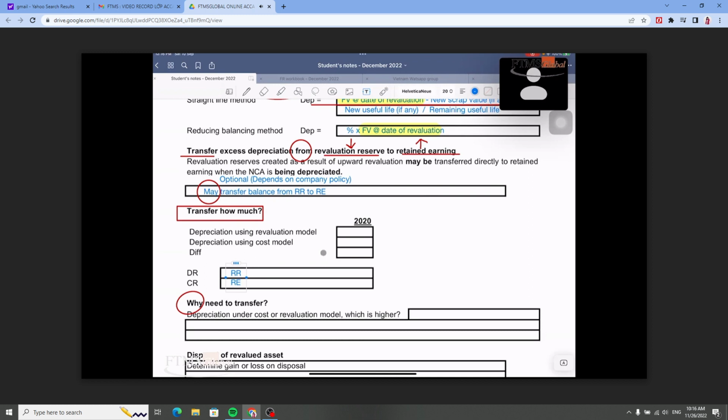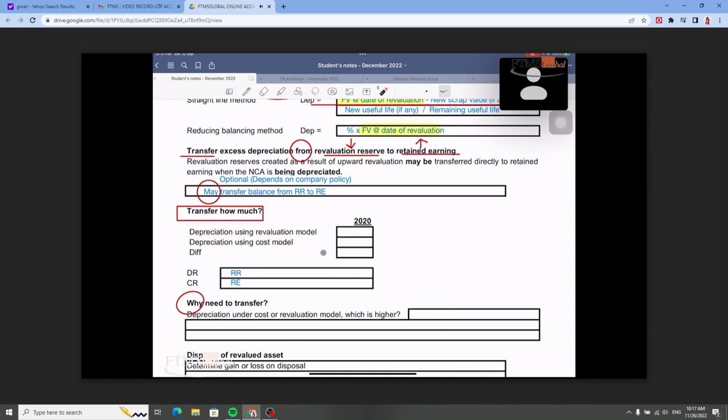Usually under normal circumstances, is depreciation using revaluation model higher or depreciation using cost model higher? Let me repeat again. Under normal situation, which one is higher?